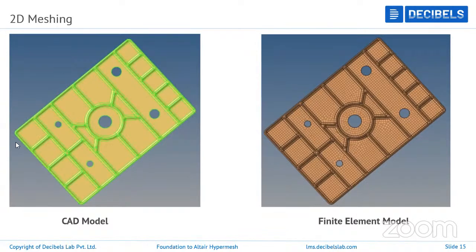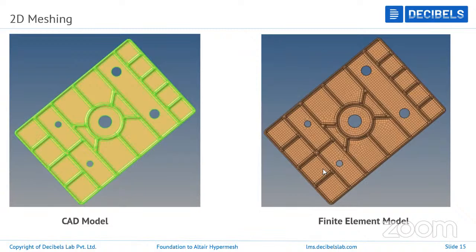The first image on the left is the CAD or geometry file, which is built in the design software. The one on the right is the finite element model, where I have used two kinds of elements, quads and tria elements, to complete this meshing, with quality-cleared elements, as you can see.